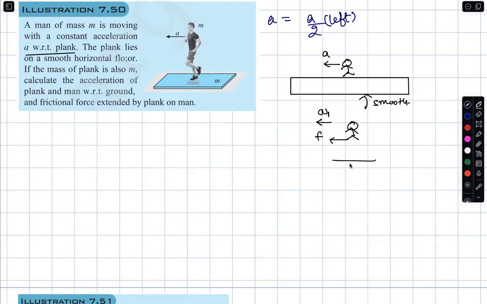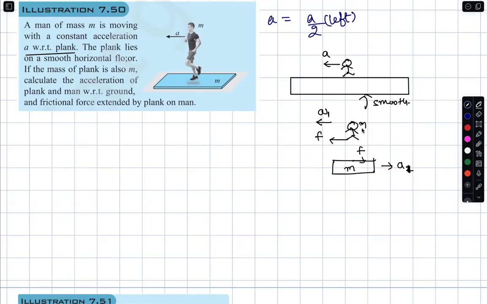Now for the plank, this is the action, so this will be the reaction, and it gives another acceleration. This is mass m, this is mass m. Why have I written A1? Common sense.